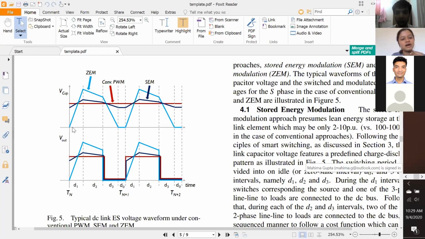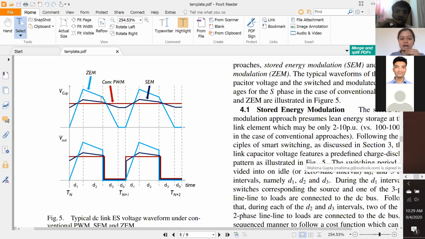The charge is the situation when the source is connected to the capacitor and transfers a predetermined amount of energy to it. During the remaining interval, the three-phase load has two switching states, say 100 and 110, for example. That discharges the capacitor, and finally discharges it completely during the very last interval. And then we have the zero state scenario.